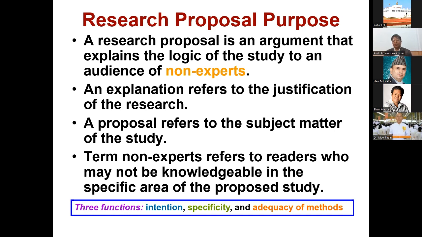A proposal refers to the subject matter of the study. When you make a research proposal, it means you are going to explain the contents or the matters of the subject, and for what purpose you are selecting it for your research.